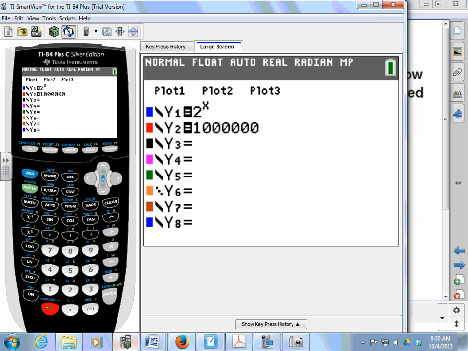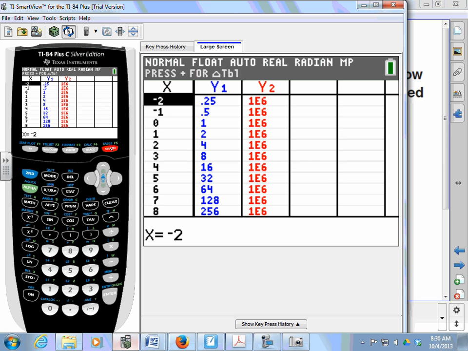I went to the table. Okay, so we went to his table. All right, second table. We can see 1,000,000 is 1e6, right? That's scientific notation, 1 times 10 to the 6th power.